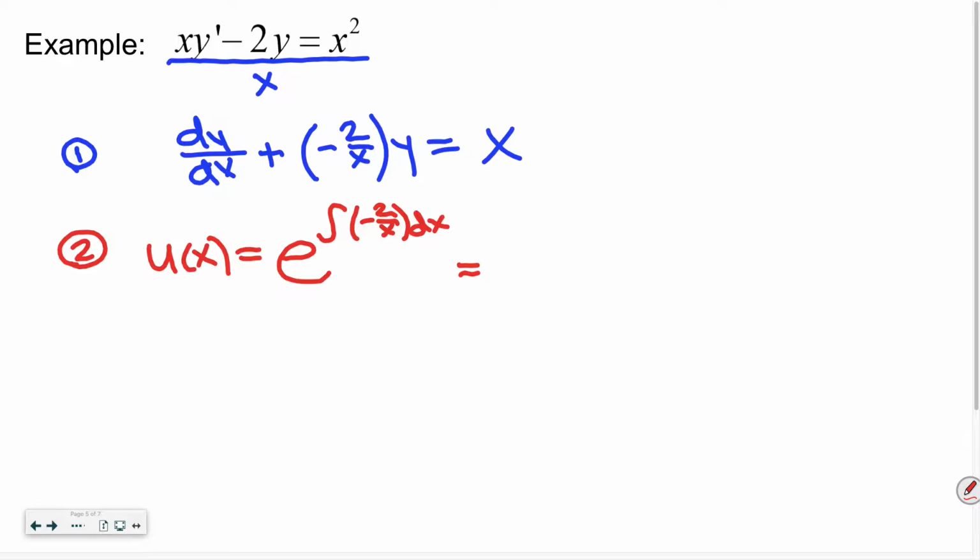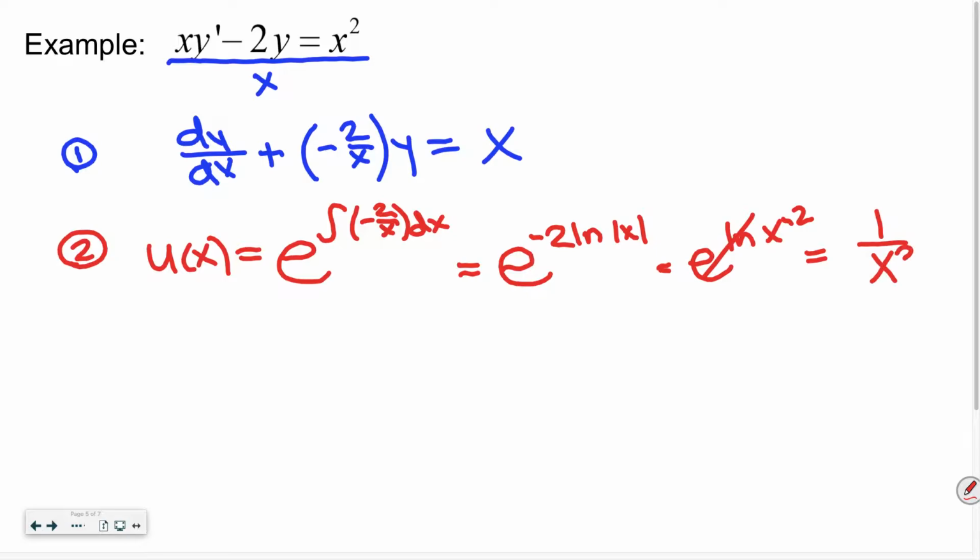So what is the integral of negative 2 over x? So this is e to the natural log of x to the negative second. Those cancel: 1 over x squared. That's nice, we don't have to deal with e.